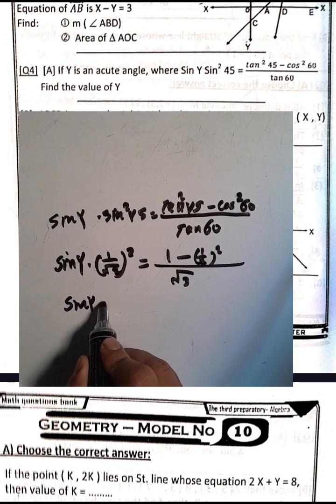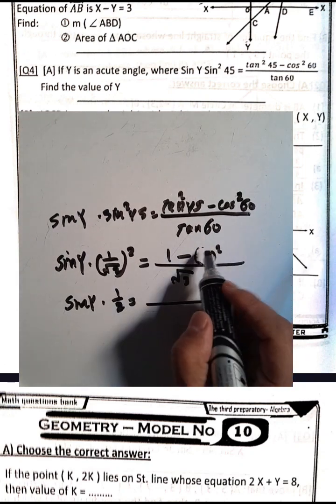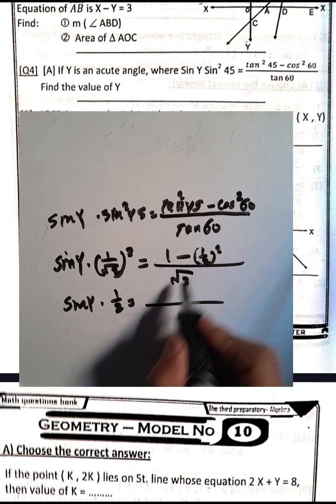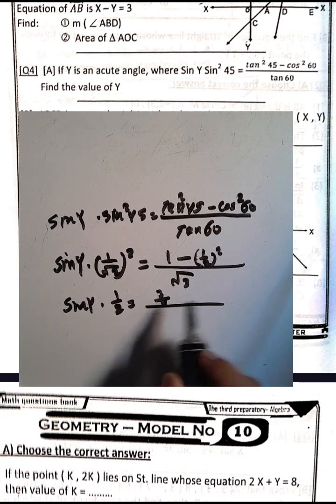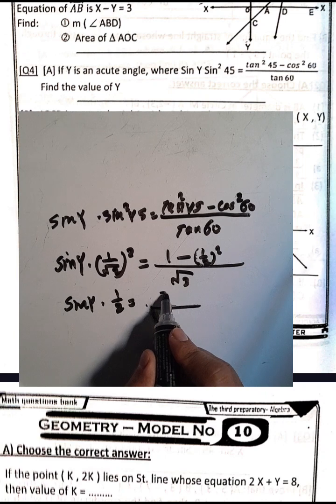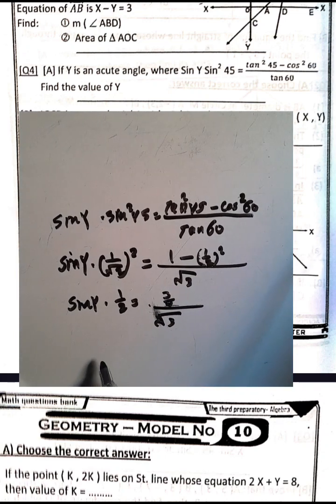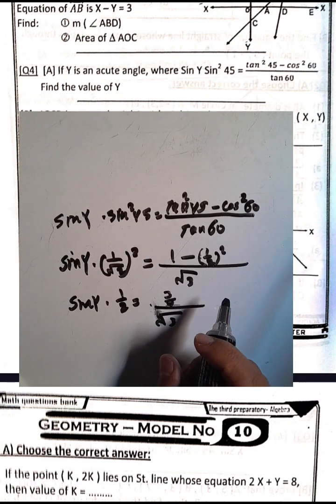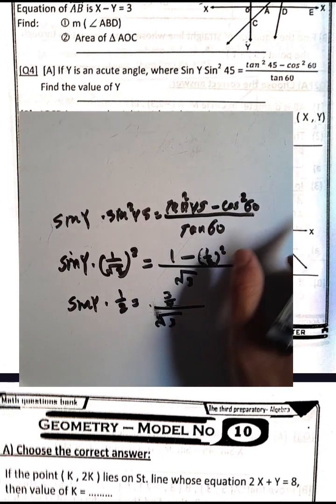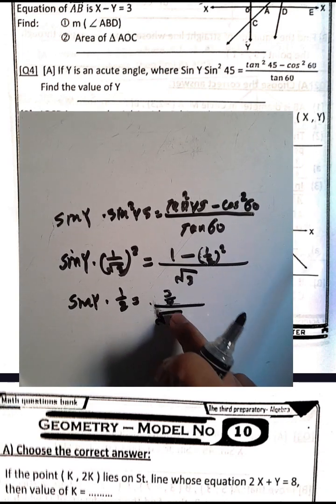Sine y product by half equals 1 subtract half power 2, which is fourths. 1 minus 1 fourth will be what? 3/4. Okay, in the numerator we have 3 over 4, and in the denominator we write root 3 because tan 60 is root 3.